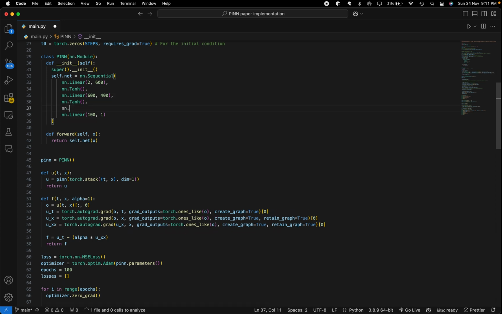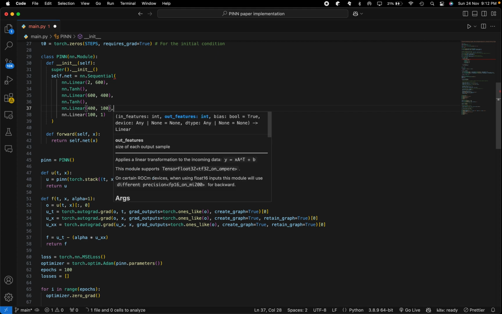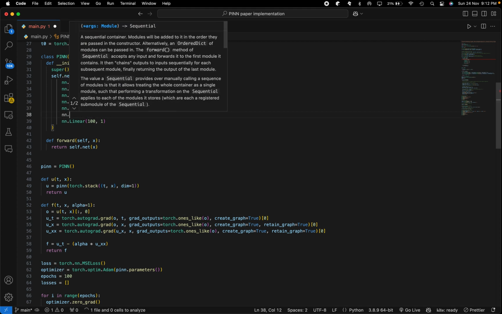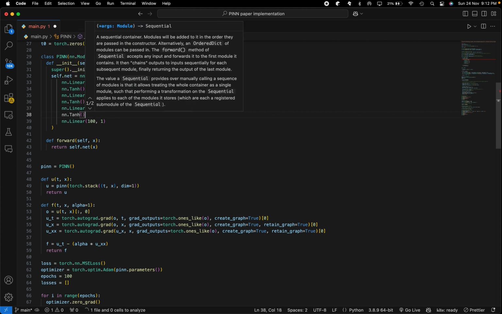So that's going to be nn.Linear, and we're going to take a 400, and 400, and we're going to output a 100, and I'm going to add an nn.Tanh.